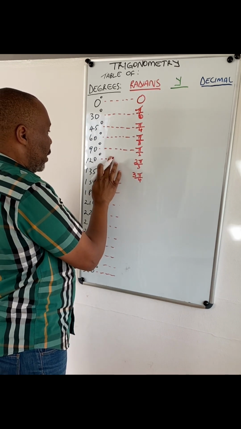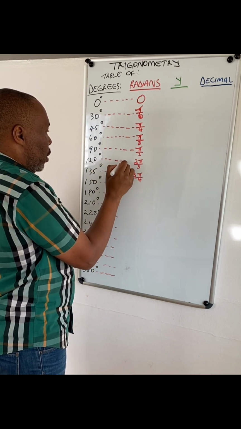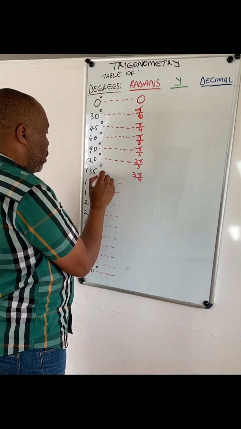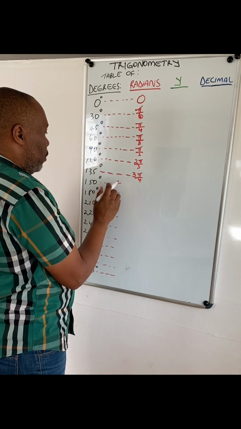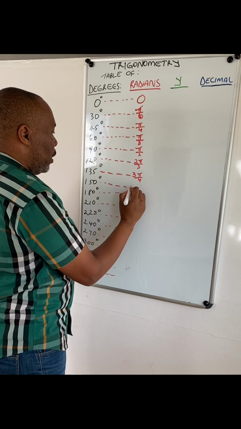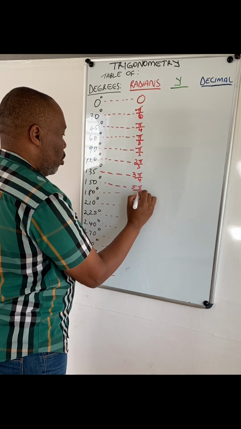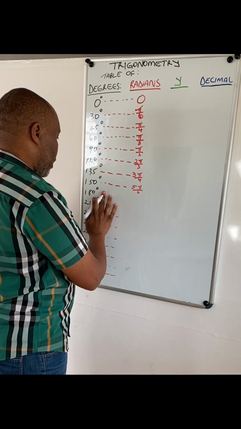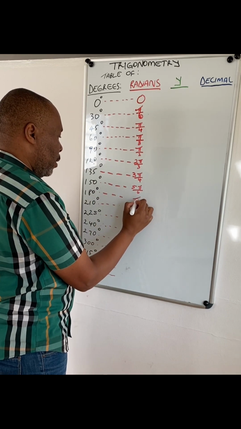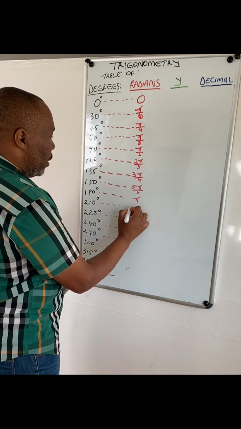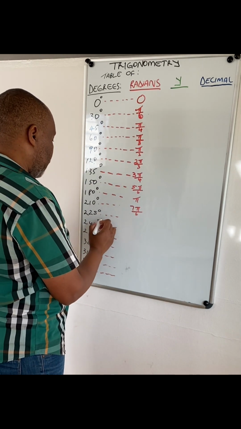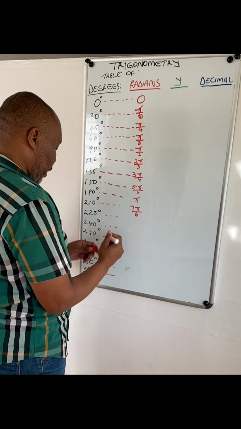You see this one starting to stray. Let's put it like this so that you can see nicely. This is 5 pi over 6, and at 180 we had what? Pi.